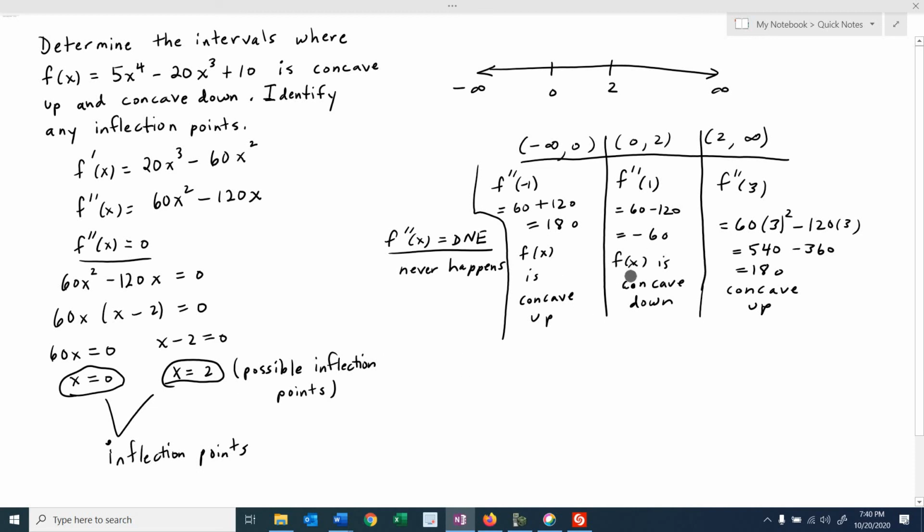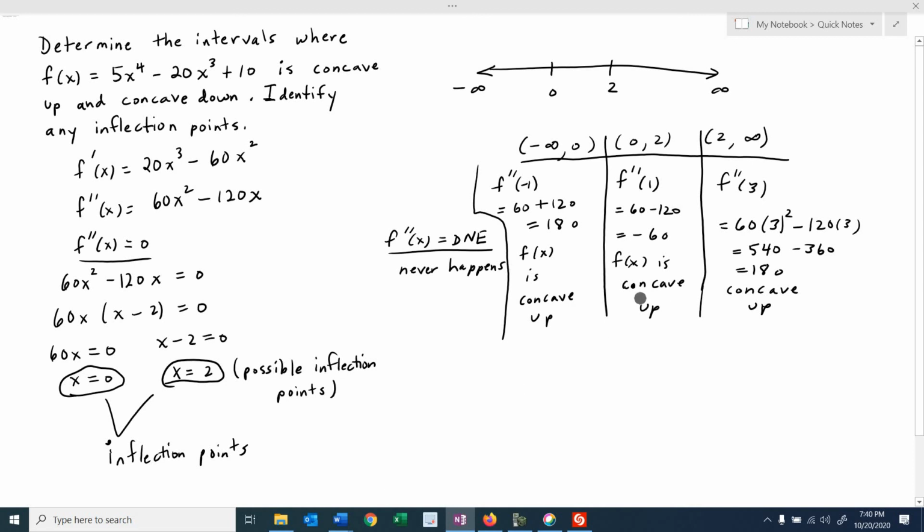Okay, but you don't know that until you actually do the sign chart. You actually have to see that it changes concavity before you can declare it to be an inflection point. I mean, it's possible that you might get concave up, concave up, concave up. And if that happened, then 0 is not an inflection point and 2 is not an inflection point because it's not changing concavity there.